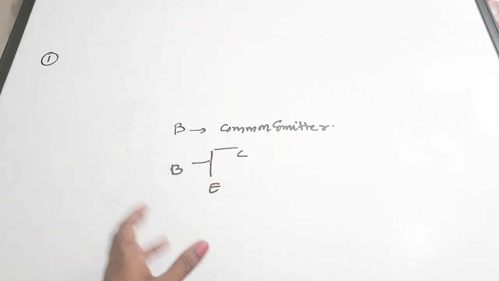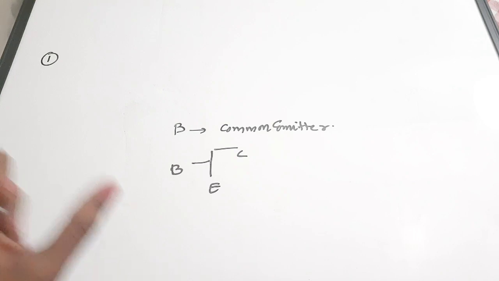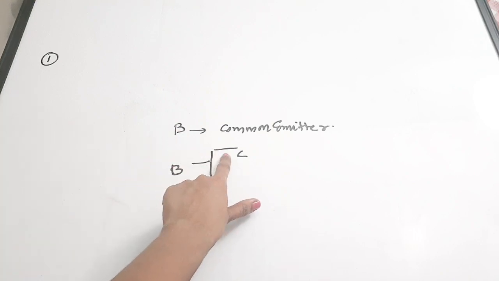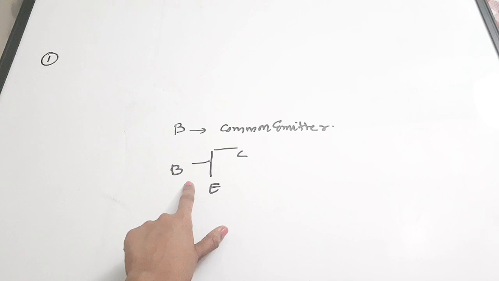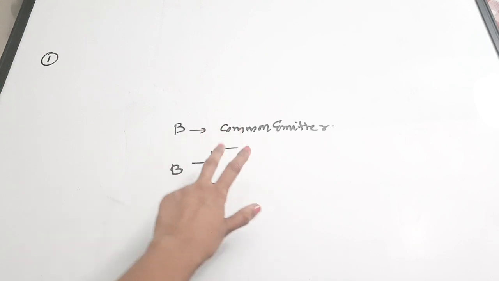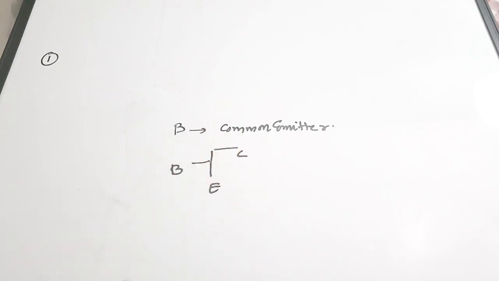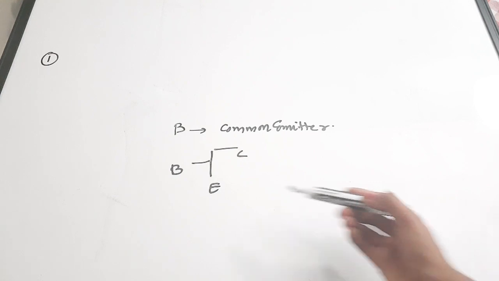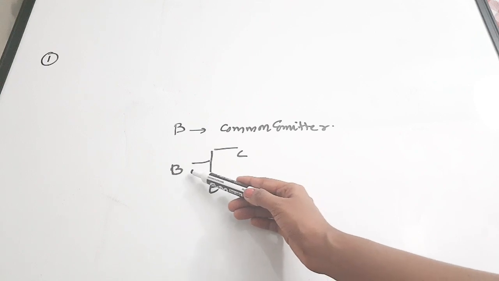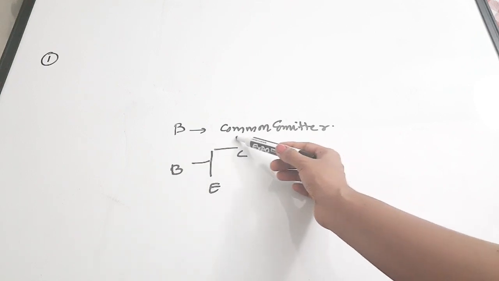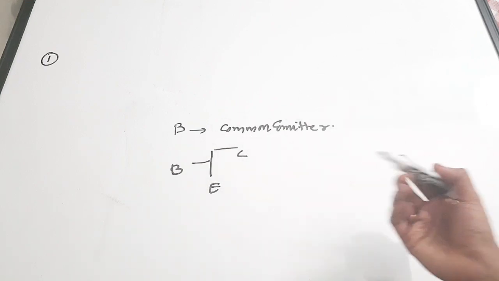In order to find the current amplification factor, you have to take the ratio of output current to input current. That ratio will give you the current amplification factor, or by what percentage the current is getting amplified. Here clearly the output terminal is collector and the input terminal is base, since it is a common emitter configuration.